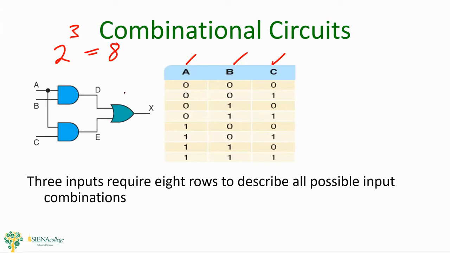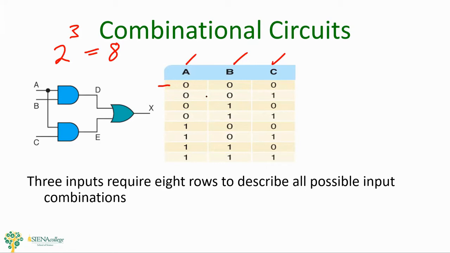And the way that we write our truth table is we write it in ascending binary order. If we look at each line, we see A, B, and C are all 0, which would be our binary 0.